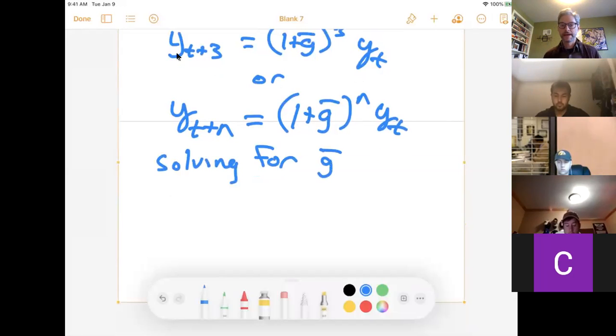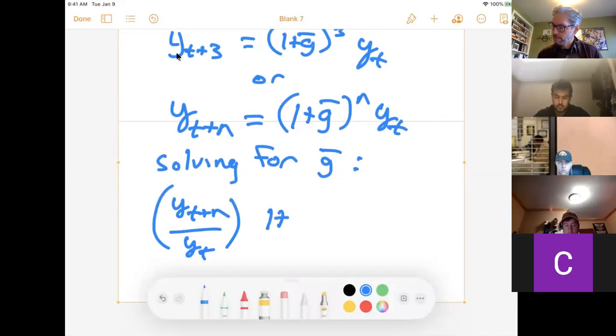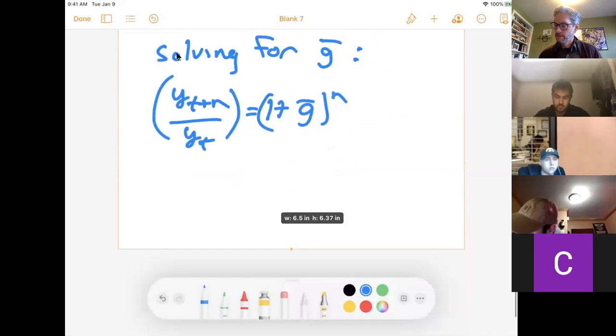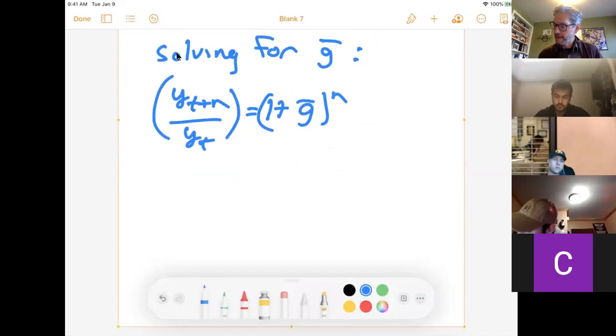What happens if you want to find out what this constant growth rate is? Well, we could rework this and figure out what that is. So put Y_t here on the other side. Let's take each side to the 1 over n power.